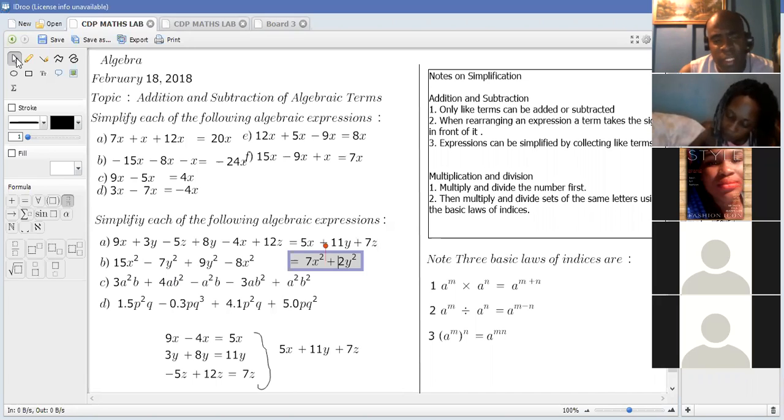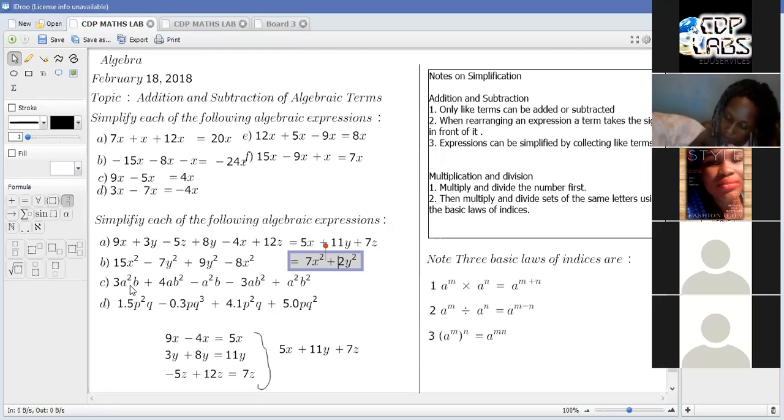In part C, it says 3a squared b. So there's no other 3a squared b. You must minus it by a squared b, because that is what makes them like terms.